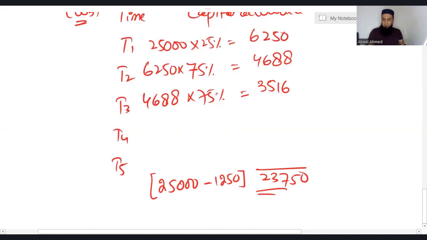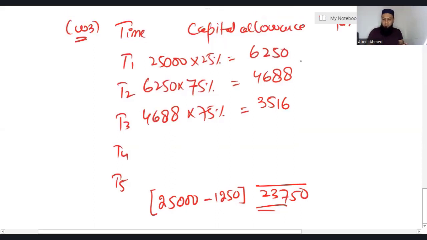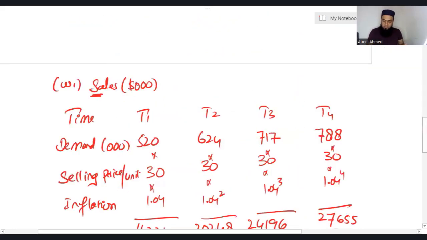From 23,750, you have to deduct 6,250, 4,688, and 3,516. The balancing figure which I'm getting is 9,296.